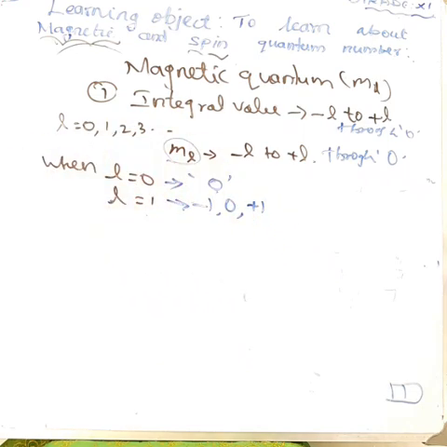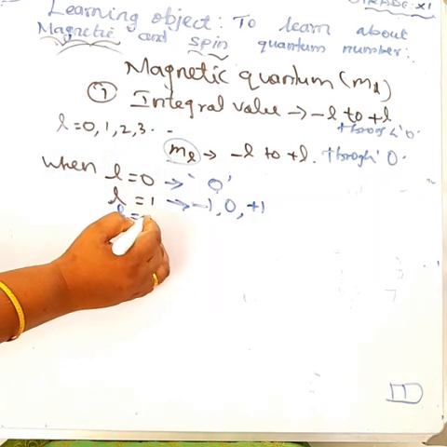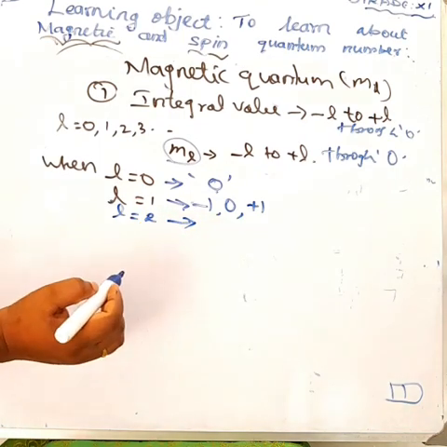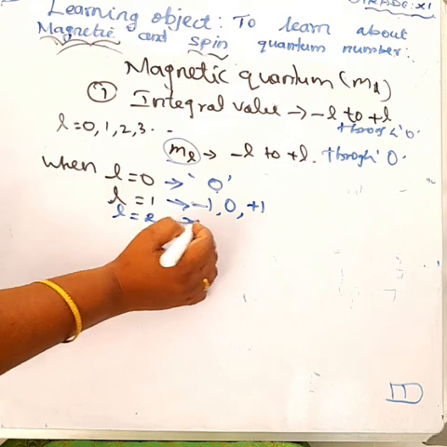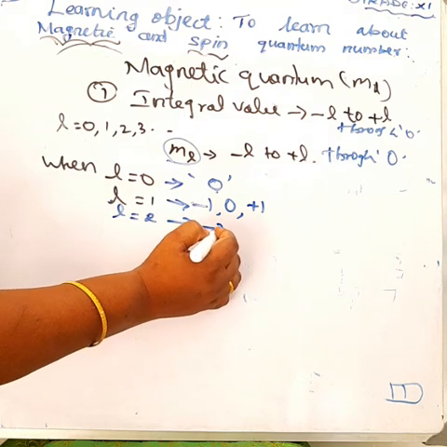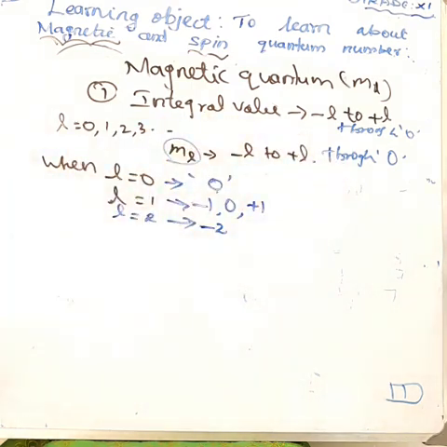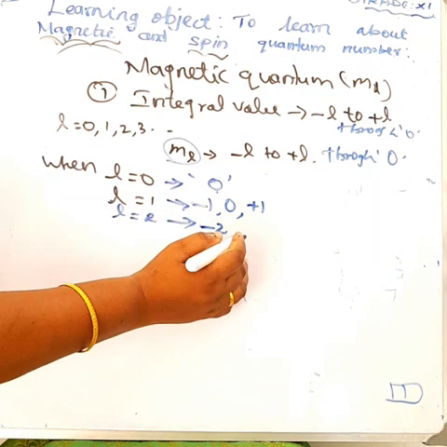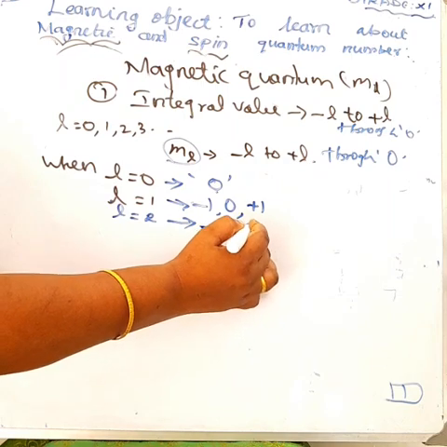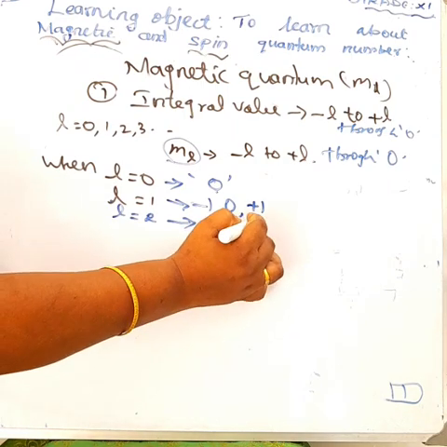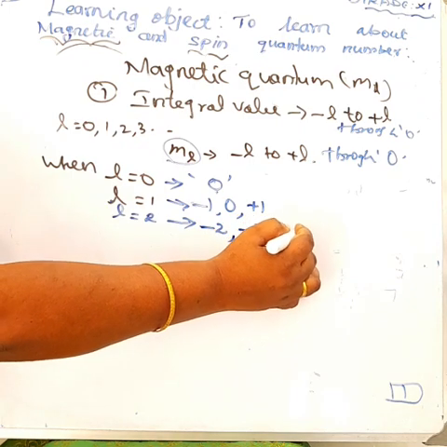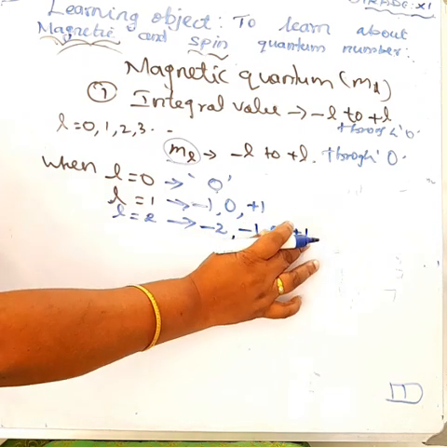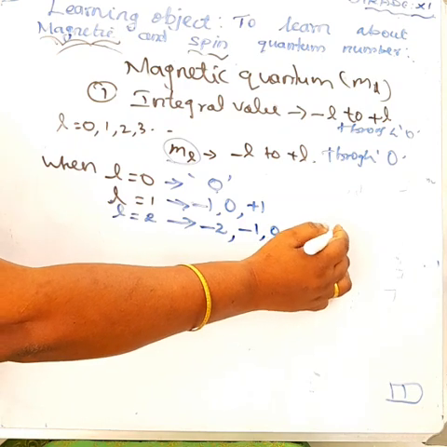When L is equal to 2, what are the integral values of the magnetic quantum number? It ranges from minus L to plus L through 0. So when L is equal to 2, the values are minus 2, minus 1, 0, plus 1 and plus 2. Understood?